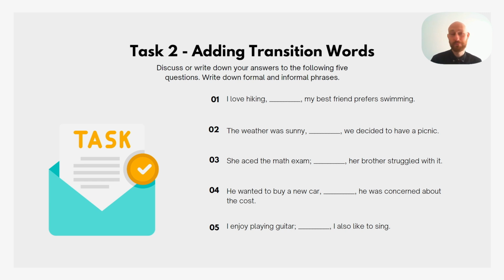Now if you put something like so or therefore, you are correct. The weather was sunny, so we decided to have a picnic. The weather was sunny, therefore we decided to have a picnic. If you want some other answers, I will send you the answer sheet. Let's move on with the rest of today's lesson.